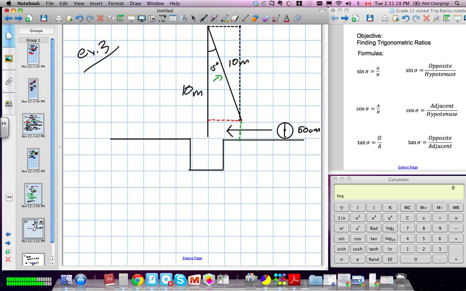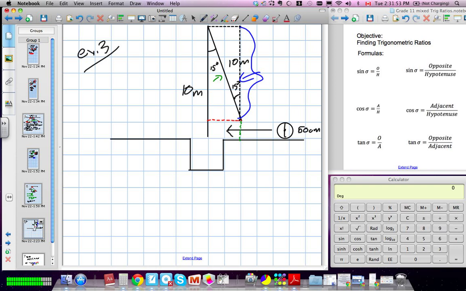This will essentially tell us how high off the ground we are. Okay, this distance here. So we know that we're still 15 degrees. Okay, we need to find out this height here.